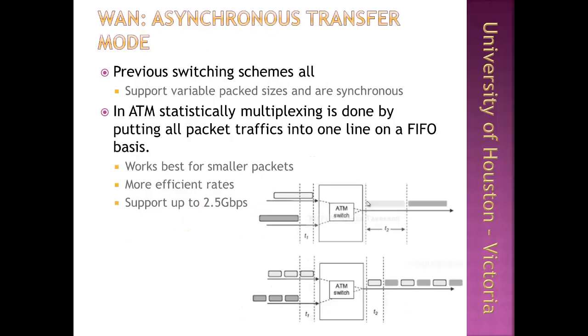The switching technologies we discussed before, circuit switching, packet switching, and frame relay, have some characteristics in common. First, they support variable packet sizes, and the transmission can also occur synchronously, especially in a circuit switching network, because a dedicated physical or virtual link will be established from sender to receiver.